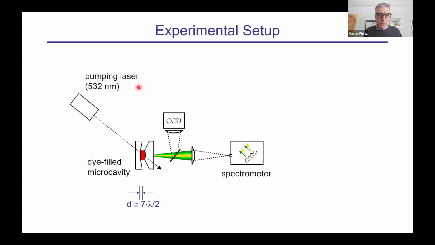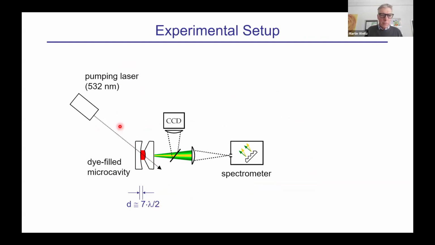Now, how do we do that experimentally? So in our experiment, this is our scheme of our dye-filled microcavity. The spacing between mirrors is not lambda over 2, but 7 times lambda over 2, but that works as well, provided the free spectral range is much larger than the line width, which is of order of the thermal energy, which is fulfilled.